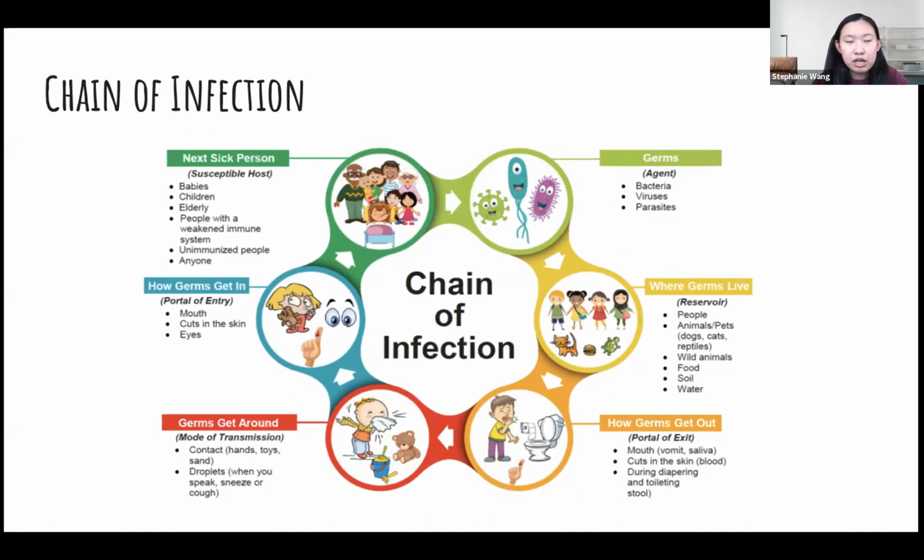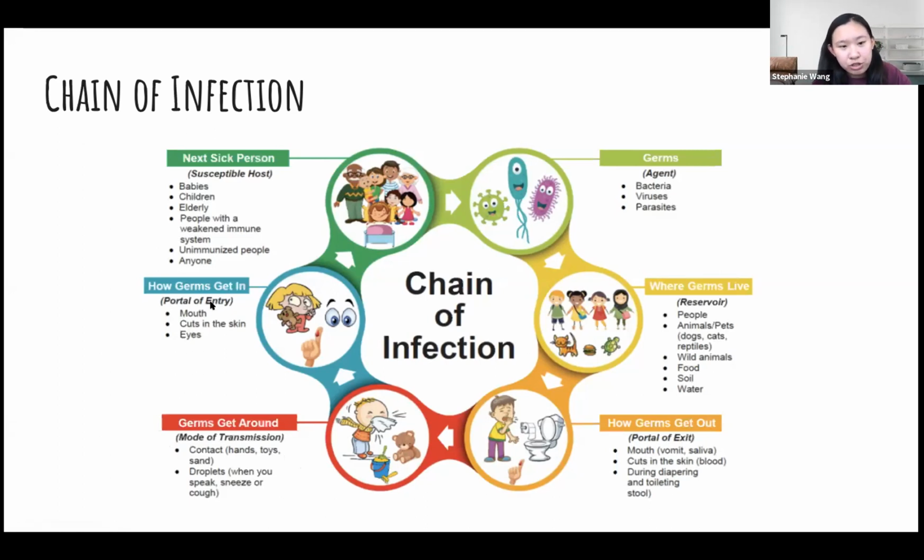So salmonella can leave the reservoir through feces or uncooked meat, things like that. And then we've got mode of transmission, which is how it gets transmitted from the portal of exit to the person. So for salmonella, it would be through foodborne means, through eating food that is infected with salmonella.